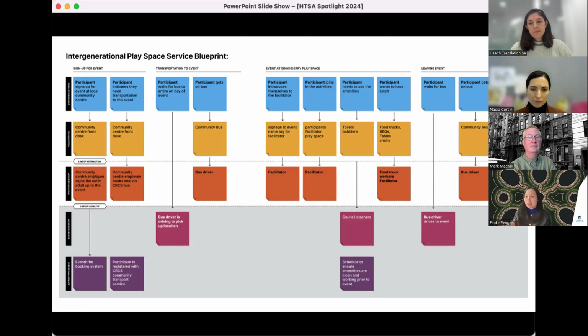From the beginning, like signing up for an event, to the transportation to the event, how you actually participate at the event, and then at the end, leaving the event. So the entire user journey is quite important when we think about the whole service. And by combining all those pain points during the user journey, it helps us get these touch points embedded into the service we are trying to build.